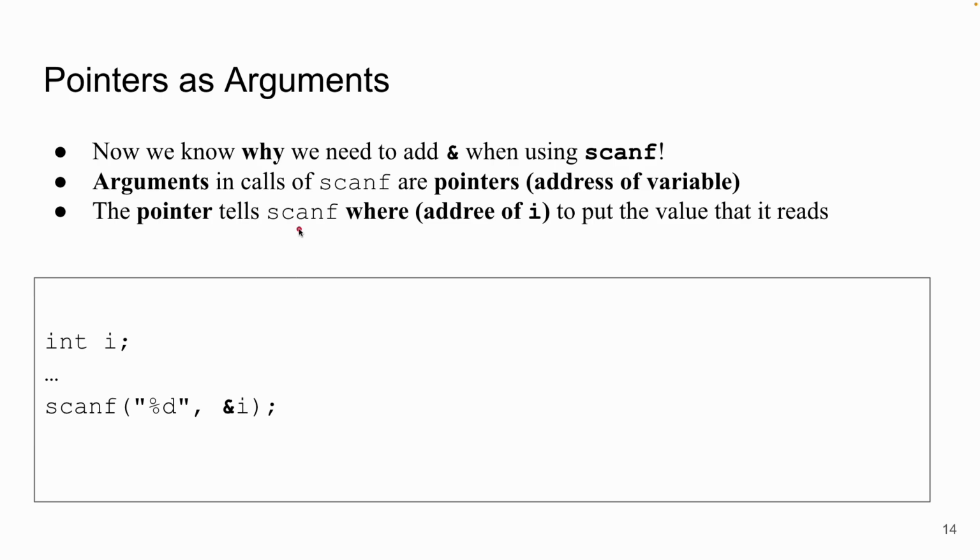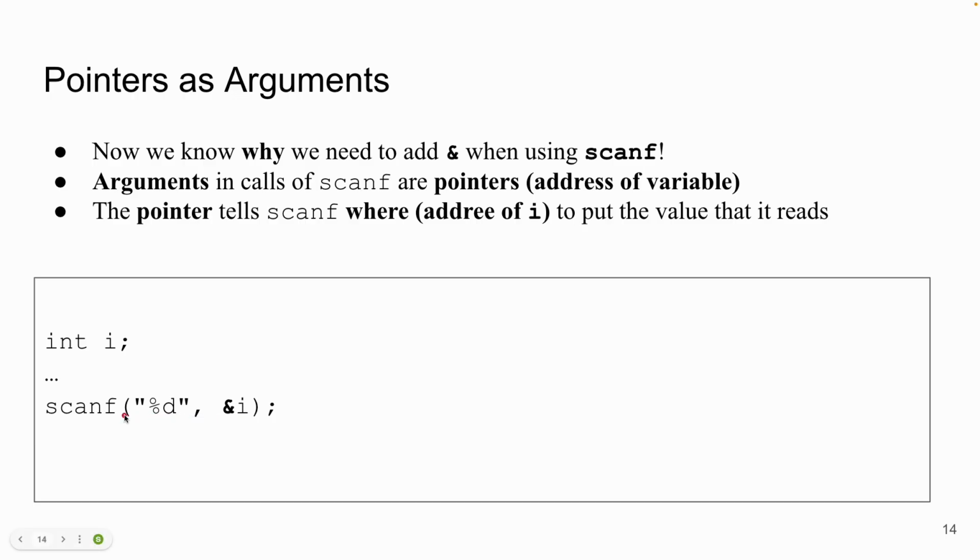Now maybe you will know why we need to add the AND symbol when we use scanf. Before today's course, when we used scanf, we always said that you just need to remember to add the AND symbol in front of the variables.